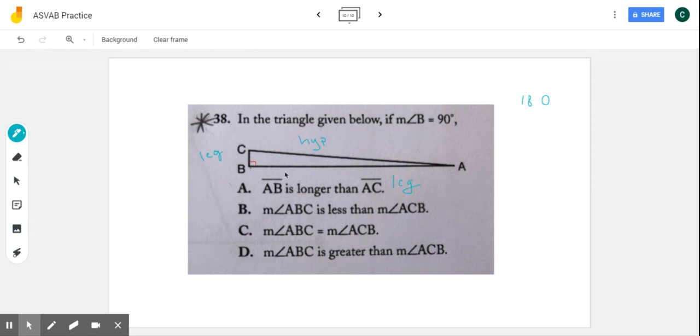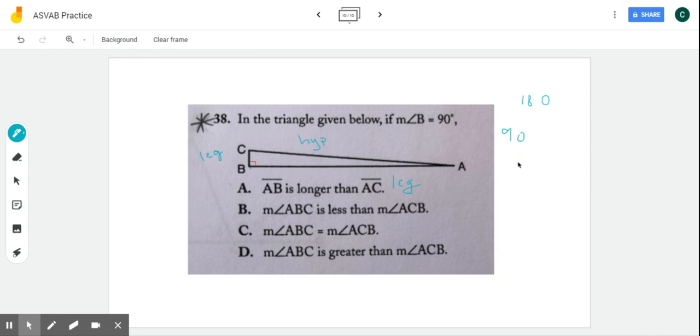in any triangle, if the angles add up to 180 degrees, and one angle is 90 degrees, 180 minus 90 is 90. 90 and 90 is 180.